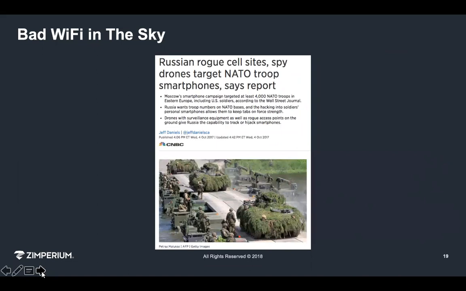Cameras were turned on, microphones turned on, troop movements. In the end, the only reason that they got discovered was they started sending fake orders. And eventually people were like, wait a minute, where'd you get that? Now, I think the Russians are very smart at what they do. Something tells me that they already knew that the gig was up. But publicly, what was stated was they were detected by sending these things. Had it been a solution like Zimperium, it would have stopped it right then and there.